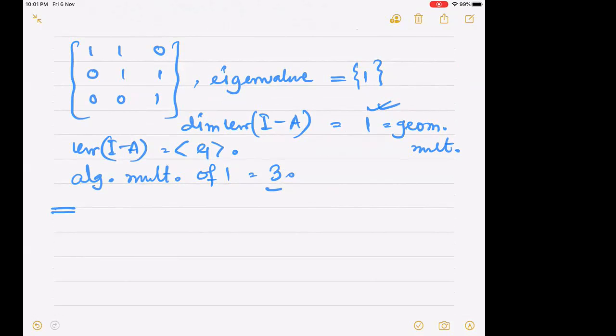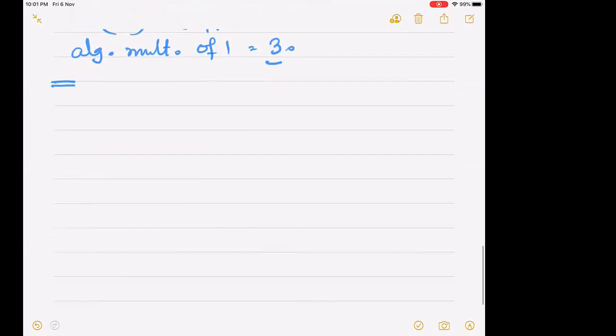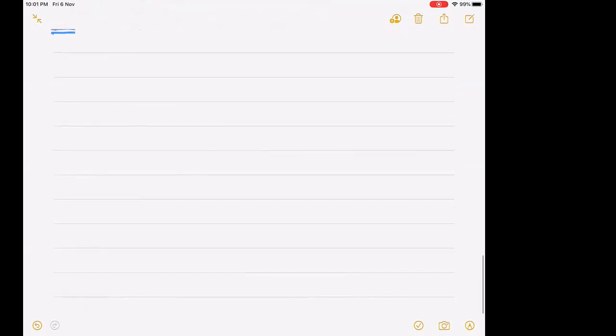Now, the question that remains, as I have said before, is what to do when the matrix is not diagonalizable. The next best thing we can do is to block diagonalize.